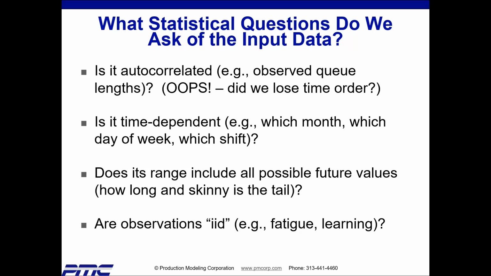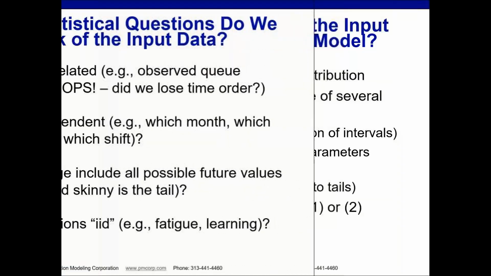So those are examples. You don't just take input data and shove it into the model. It needs to be looked at statistically beforehand. And there's plenty of statistical tools on our desktop to do that looking, plus the statistical knowledge required to do the looking.